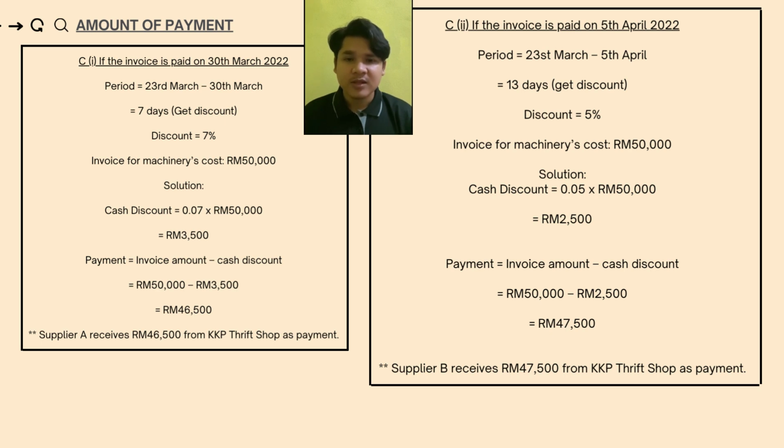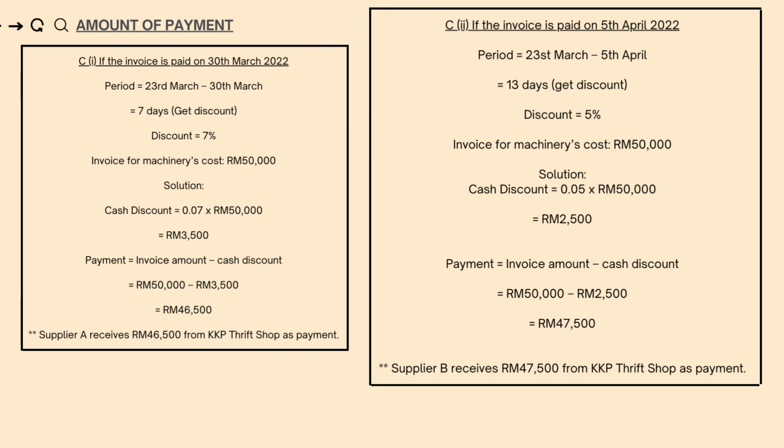For the payment, invoice amount 50,000 ringgit minus cash discount 2,500 ringgit equals 47,500 ringgit. So supplier B receives 47,500 from KKP TIF Sdn Bhd as a payment.